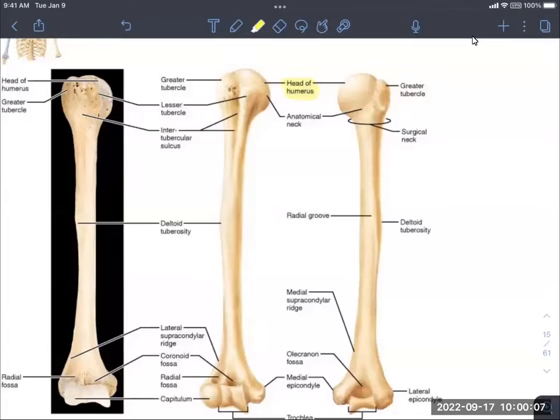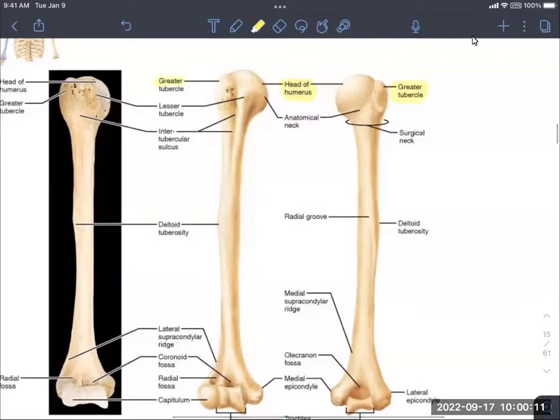Here you see the greater tubercle and the lesser tubercle, and between them, you have the intertubercular sulcus. So that's this whole divot through here. As we said, just past the head is the anatomical neck. But the surgical neck is below those tubercles.